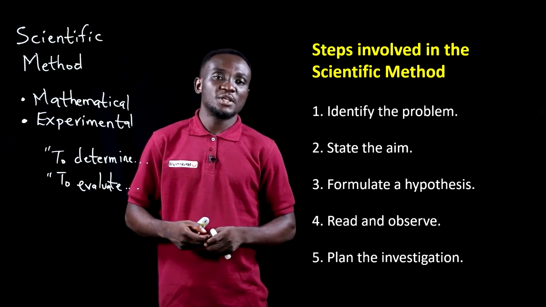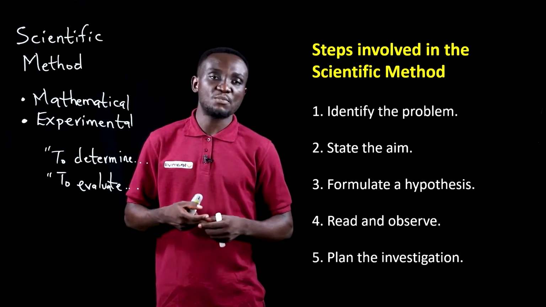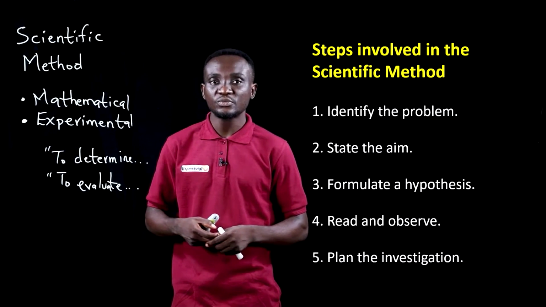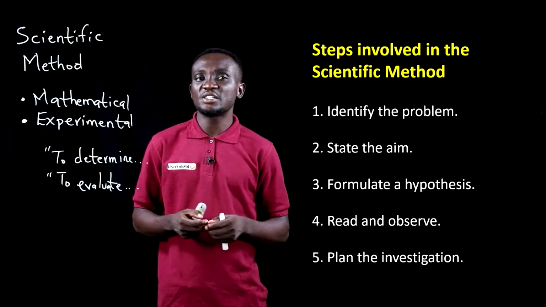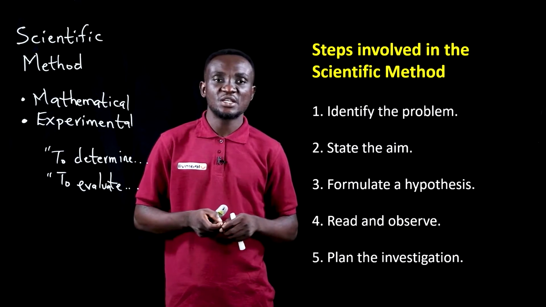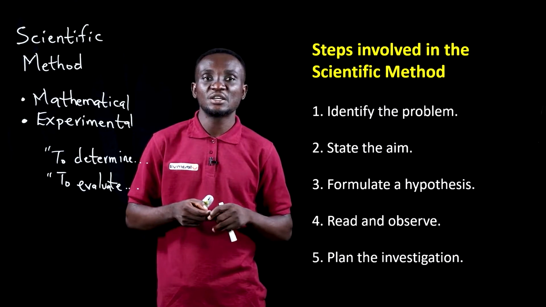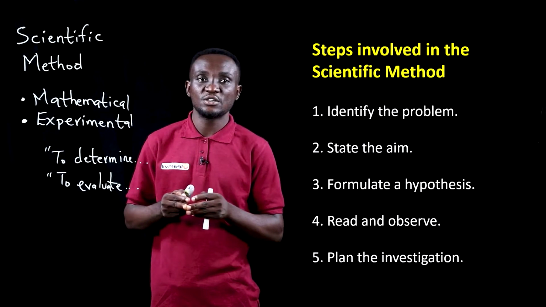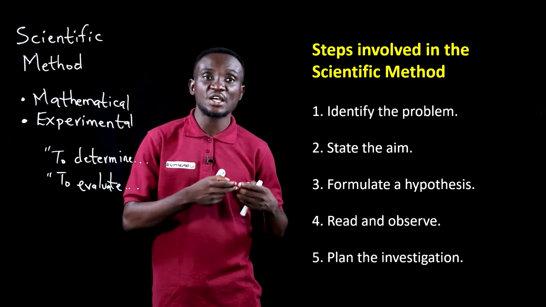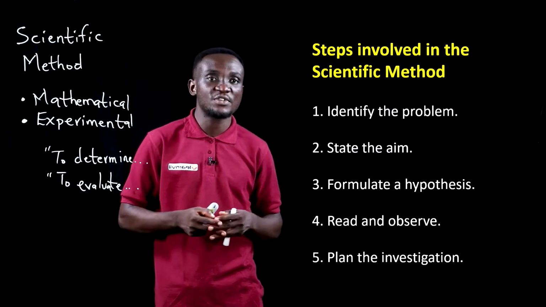Then the scientist goes on to formulate a hypothesis. The hypothesis is largely just a statement that is made and remains unanswered, and usually gets to be proven as true or false, as accurate or inaccurate, at the end of the experiment.